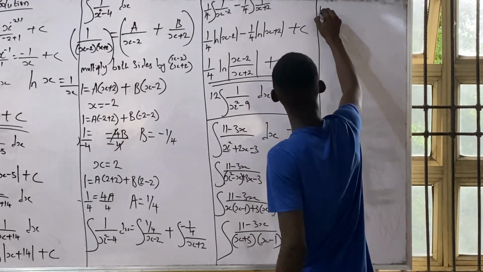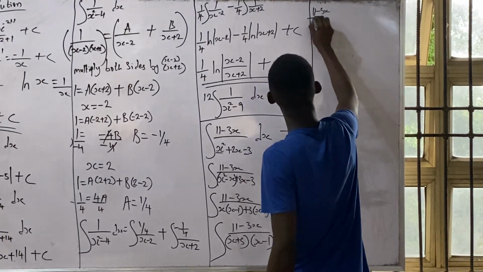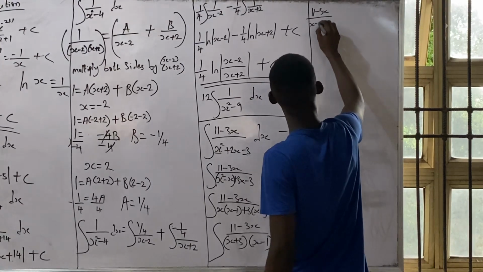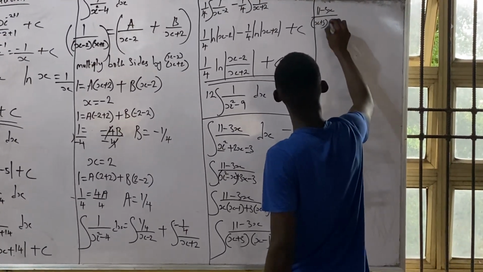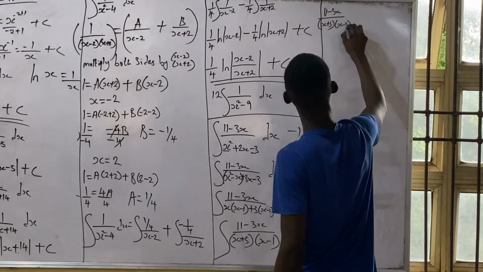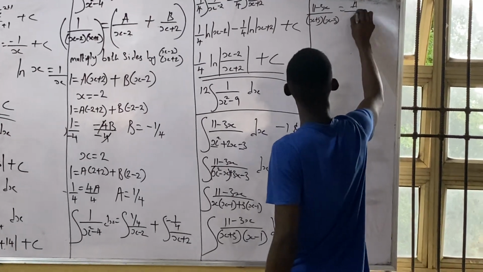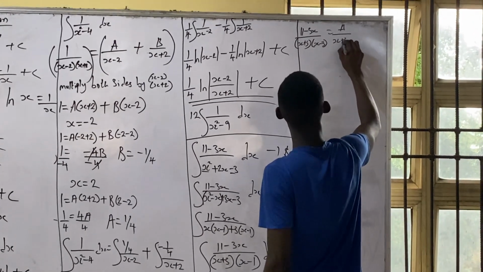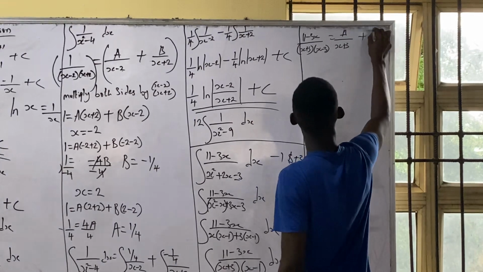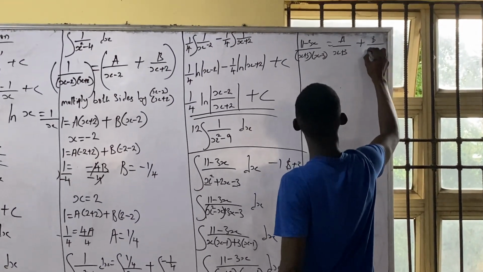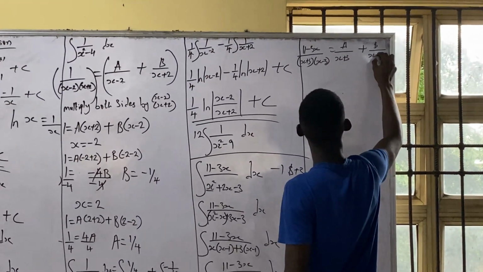Now let's rewrite this. 11 minus 3x over x plus 3, x minus 1 is equal to a over x plus 3 plus b over x minus 1.